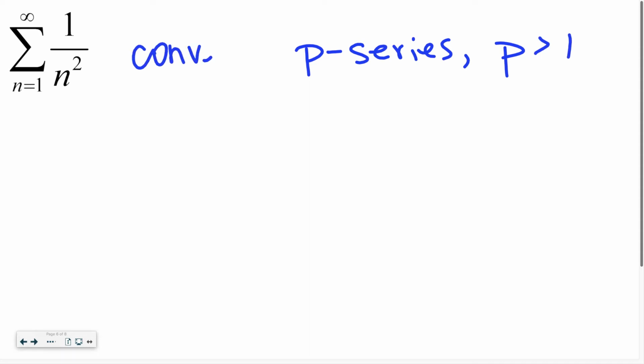Do I have to write converges because of the P series? Yeah, you have to write all of that. You're going to have to do some writing in this chapter. I'm not even making you write a sentence. I could make you write, the series converges because of the P series, where P is greater than 1.